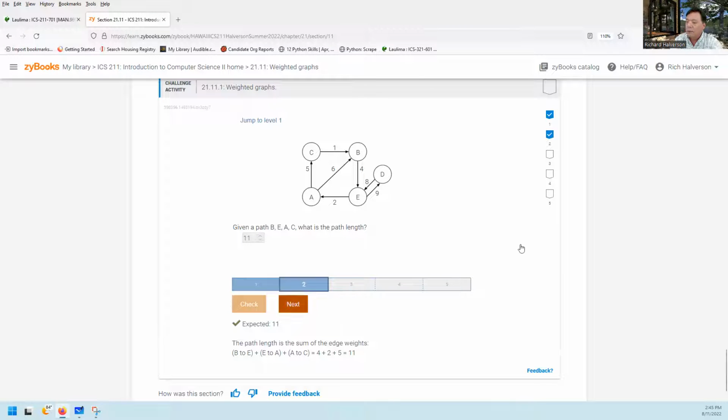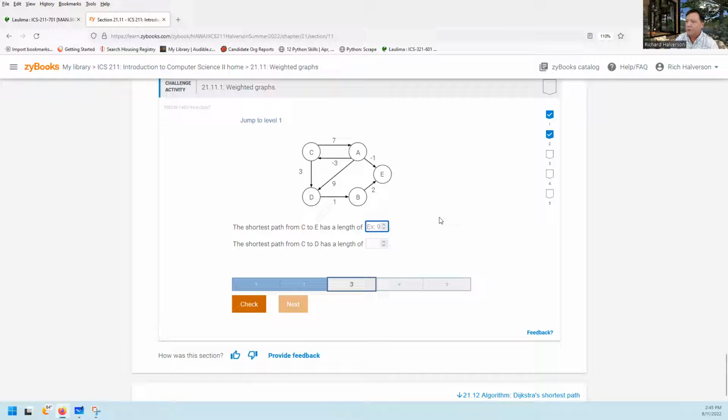Okay. What's next? The shortest path from C to E has a length of, from C to E. Well, you can go 7 minus 1 is 6, or you can go 3 plus 1 is 4, plus 2 is 6. 6, the shortest path from C to E. Is there another way to get to E?